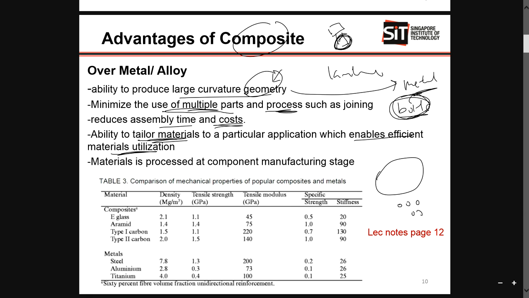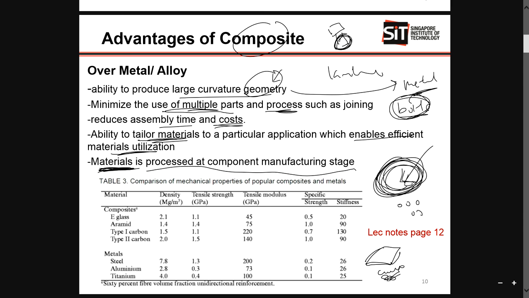And the materials you buy already, and you straight away process at the component manufacturing stage. So when you manufacture your piece, your composite, you're also manufacturing your material already, because your composite by itself is already a material. It's a composite material. So the composite material has its own material for your matrix and a material for your resins. So these are materials within materials.